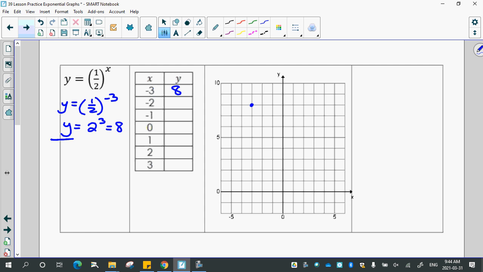And same thing with y equals a half to the -2. That would be the same as 2 to the +2, which is 4. So -2 and 4. And then half to the -1 is the same as 2 to the +1. So -1 and 2.